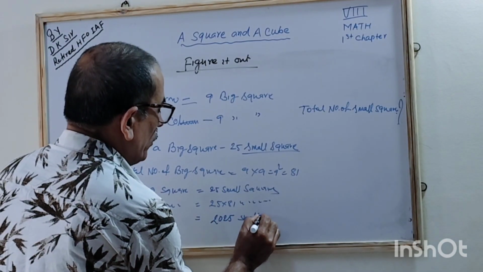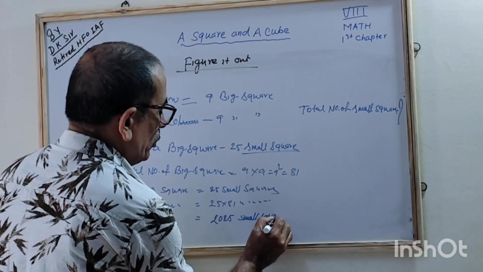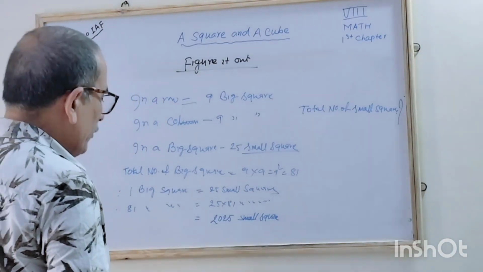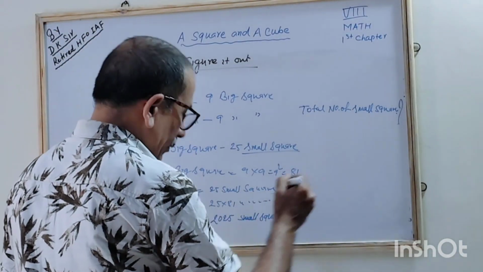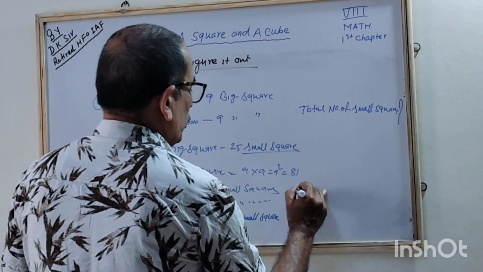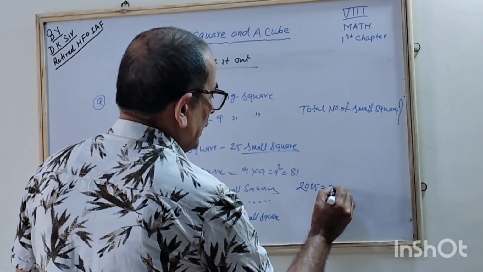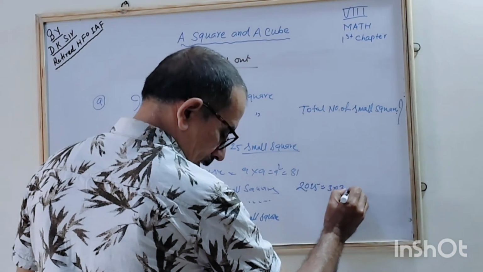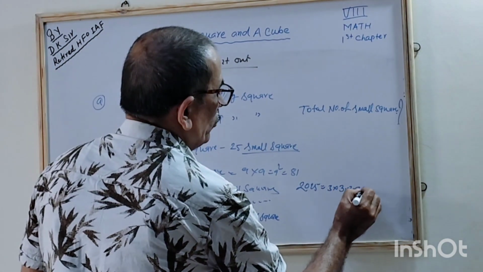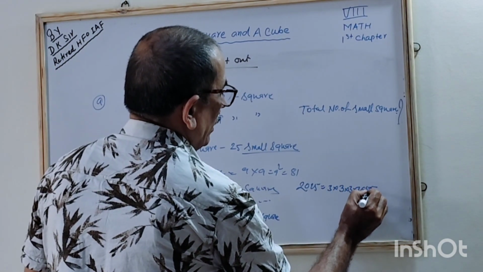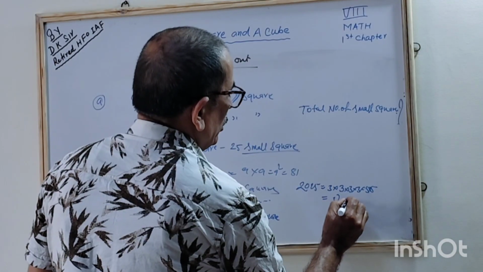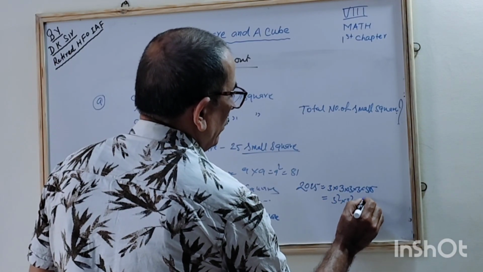When you have to write it in square form, what will you do? The 2025, you do the factorization. The 2025 will be equal to 3 into 3 into 3 into 3 into 5 into 5. So it becomes 3 square into 3 square into 5 square.